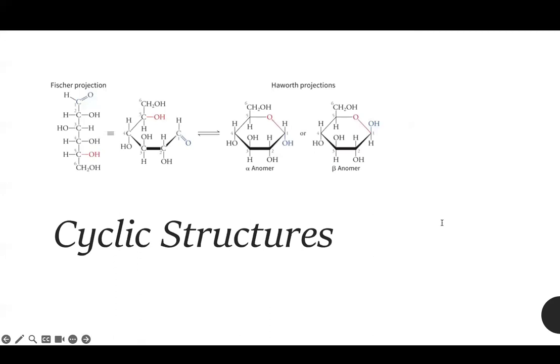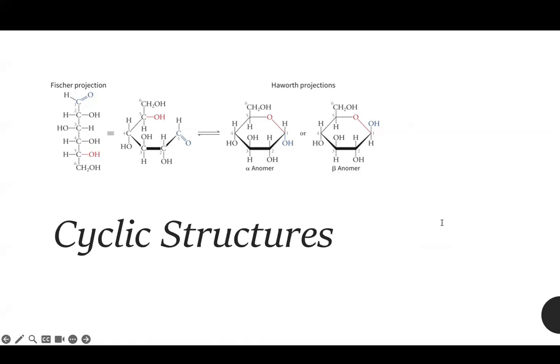Like I already mentioned in the introduction to this, sugars can form cyclic structures. If a sugar has 4 or more carbons, it will exist primarily in its cyclic form. 5-membered rings are called furanoses, and 6-membered rings are called pyranoses.